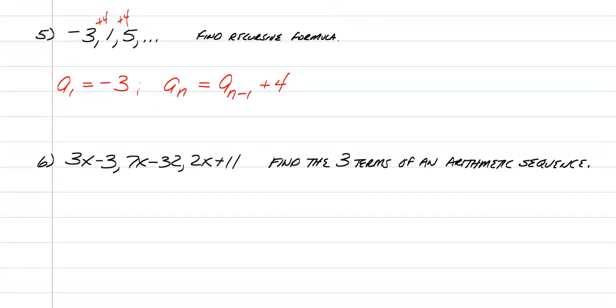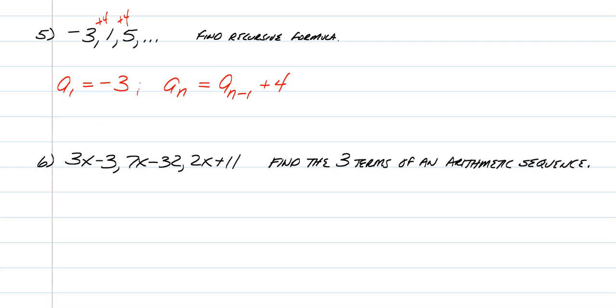Writing a recursive formula is a little bit different than just finding a sub n, because you must compare to the previous term and you must have the first term. Okay, last example here. This one is just a lot of algebra. When you have 3 terms of a sequence, remember, the difference always comes from subtracting.